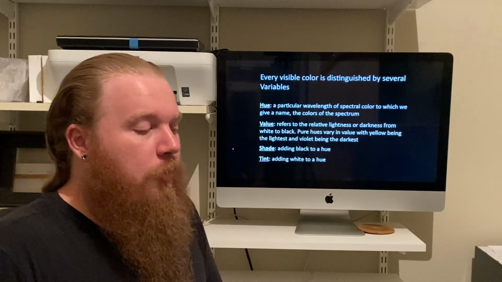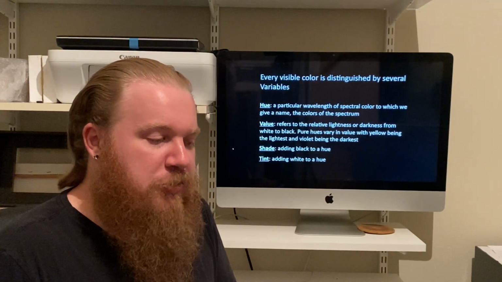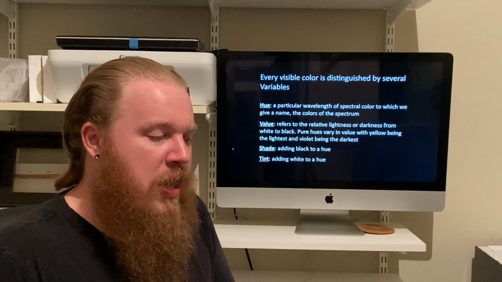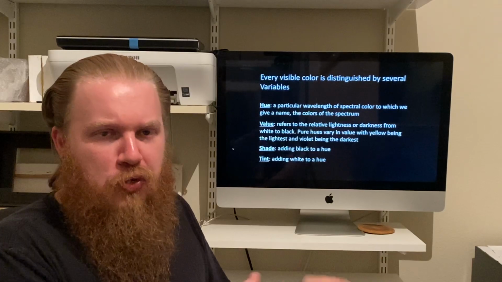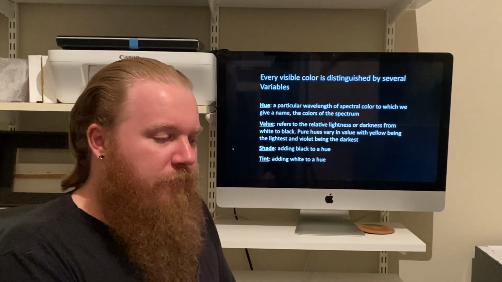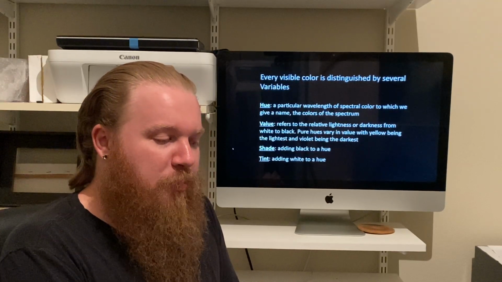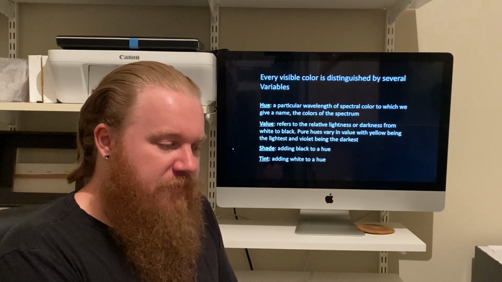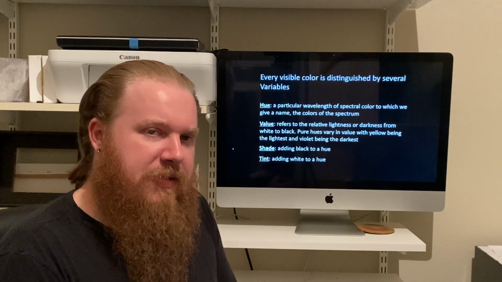So our first variable would be hue, and that is a particular wavelength of spectral color to which we give a name, or the colors of the spectrum. So red, yellow, green, blue, orange, all of those. Whereas a value refers to the relative lightness or darkness from white to black. So pure hues vary in value, with yellow being the lightest and violet being the darkest.